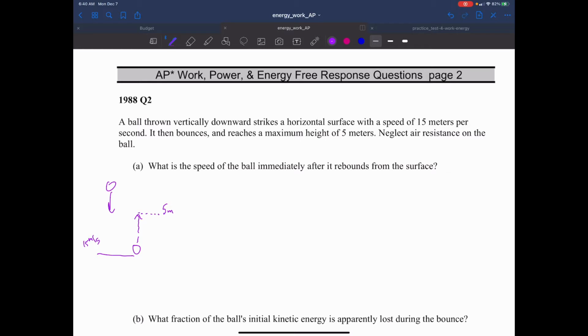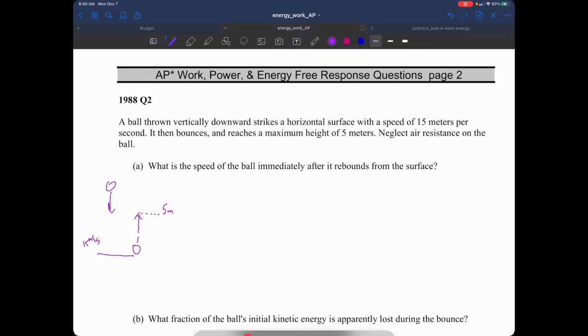Otherwise, there would be no point to the question, because if there was no energy loss, you would just immediately put 15. If it hits the ground with 15, it's going to bounce up at 15 unless there's an energy loss. So there must be some energy loss, and so the 5 meters is not as high as it would typically bounce. So what's the speed immediately after it rebounds from the surface?